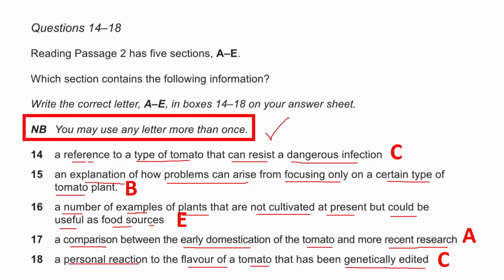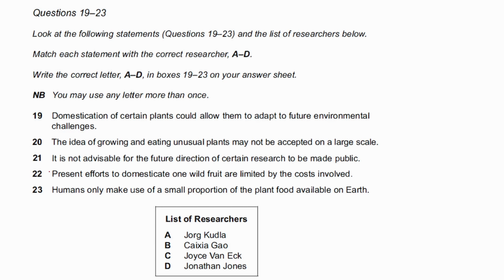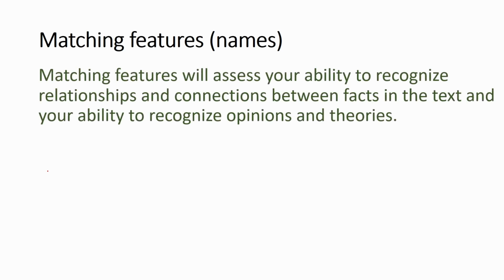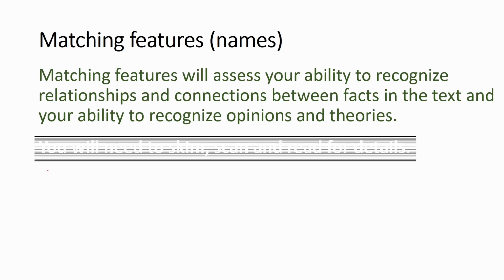So the second question type is matching features, and in this case, matching names. This one is also a little bit tricky for many students, but if you follow these steps, that will be quite manageable. Matching features will assess your ability to recognize relationships and connections between facts in the text and your ability to recognize opinions and theories.